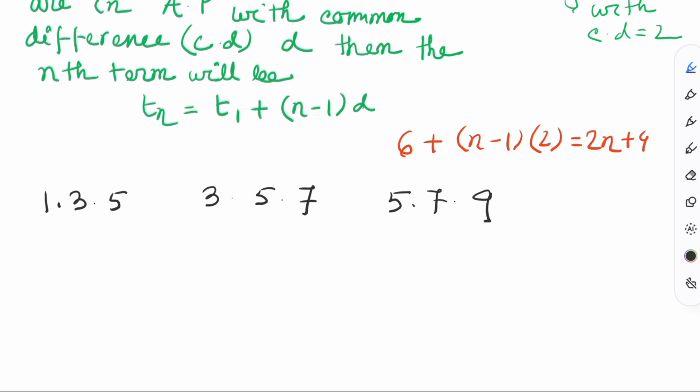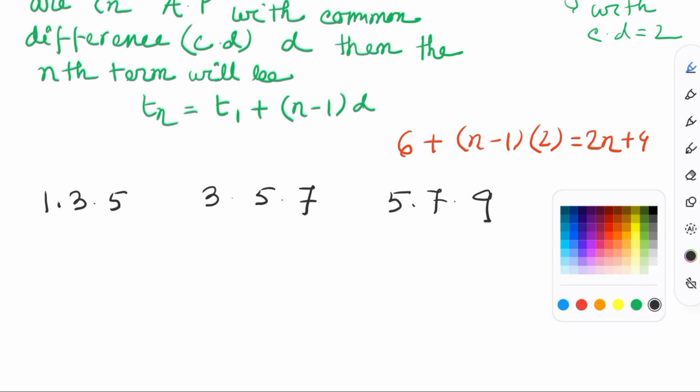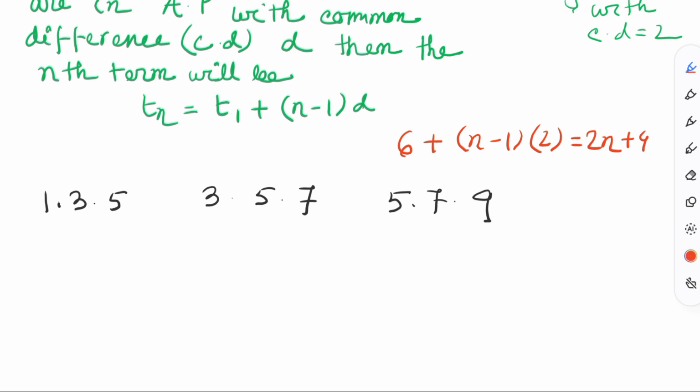Now look into the first factor of the denominators. That is 1, 3, 5. If you look, you can see that the difference between these terms 1, 3, 5 is 2.